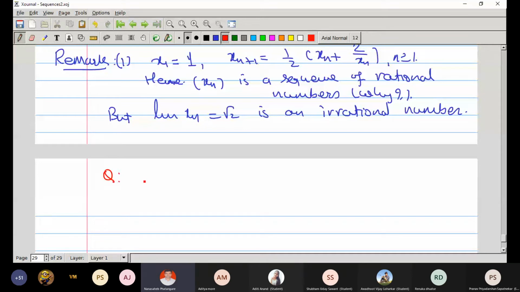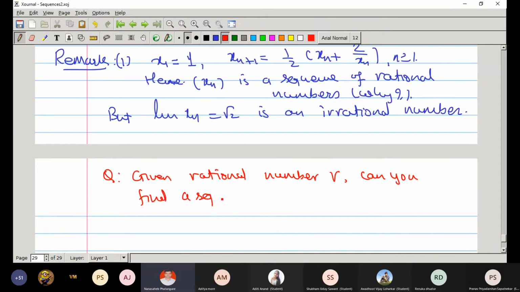Now, the question I would like to ask. Given a rational number R, can you find a sequence of irrational numbers converging to the rational number R?